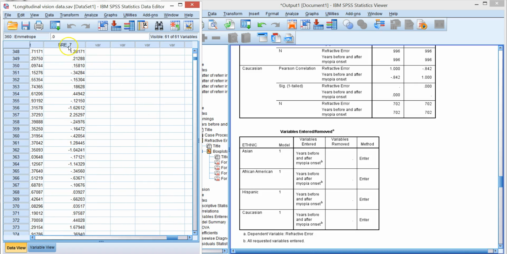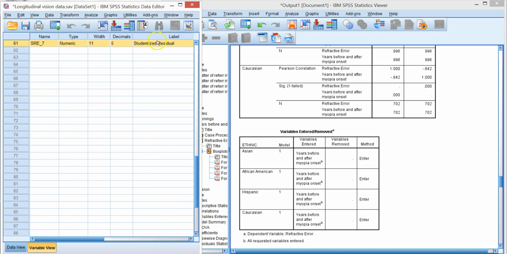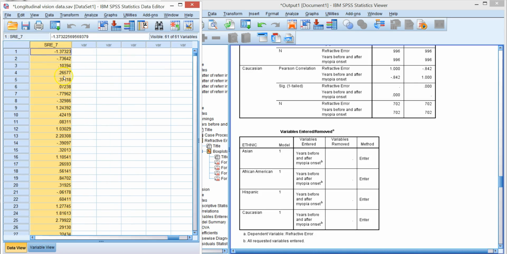we get our studentized residual for the refractive error. So this first observation was minus 1.37 standard t's away from the predicted value.